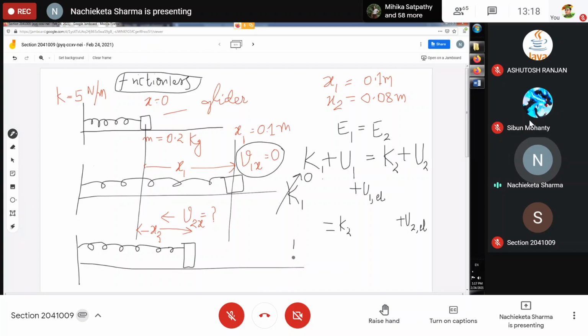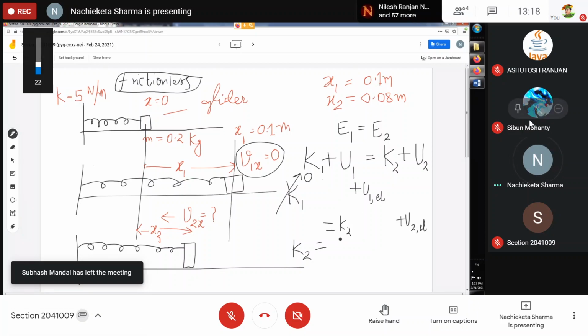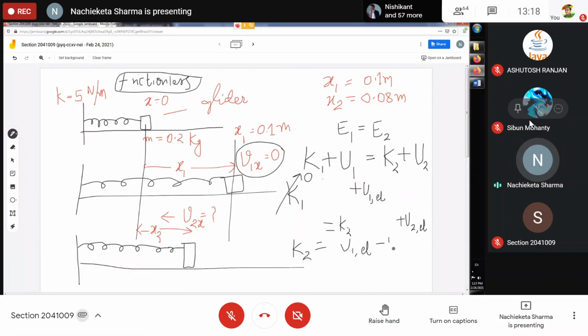So I will write this k2 is equal to u1 el minus u2 el. Automatically from there I will get back my v2x. Okay, so this is my physics equation, working formula. This k2 is equal to u1 el minus u2 el.